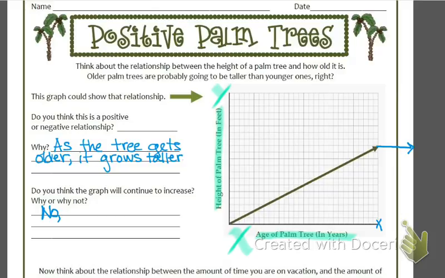So no, because it will reach its maximum height, or it will not grow forever. There's a bunch of different ways that you can explain it. I'm going to say it will not keep growing forever.